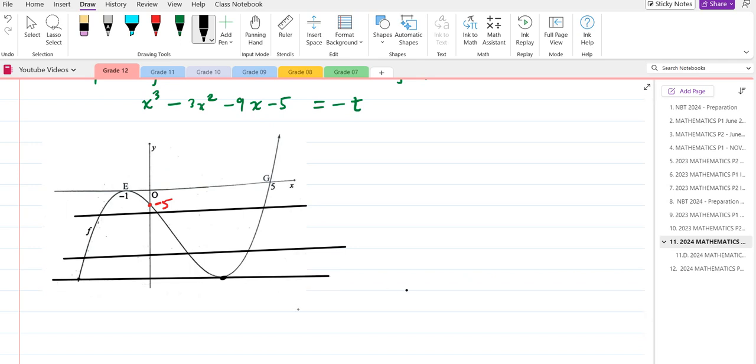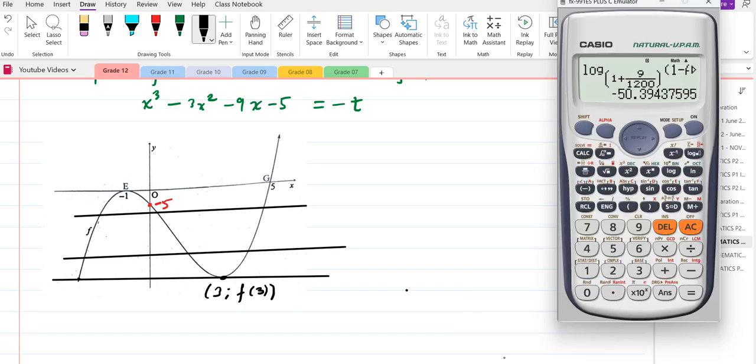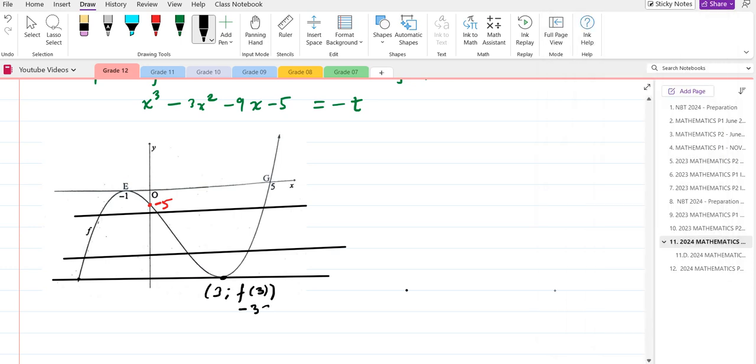Alright, so we need the turning point here, which is at 3, and f of 3. So I need to check what f of 3 is. f of 3 is 27 minus 3 times 3 squared, 27 minus 27, minus 9 times 3 minus 5. So that's -32.